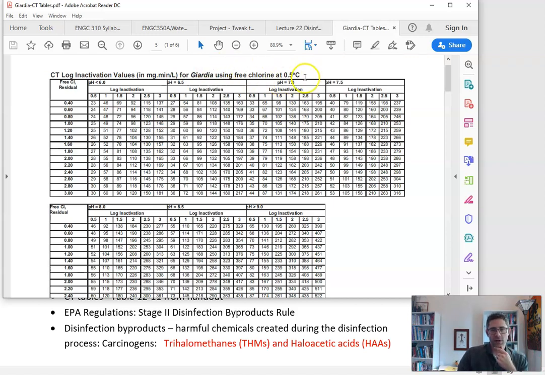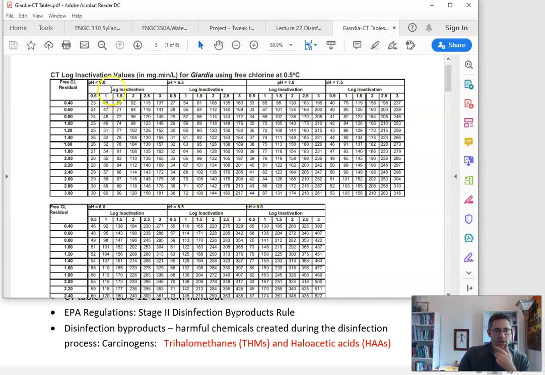So using free chlorine at a really cold temperature, if you're at 0.5 degrees C, this is your free chlorine residual. It's that concentration, the C in the CT part. These are the pHs you're at. If you're less than 6, 6.5, 7, or 7.5, 8, 8.5, or greater than 9.